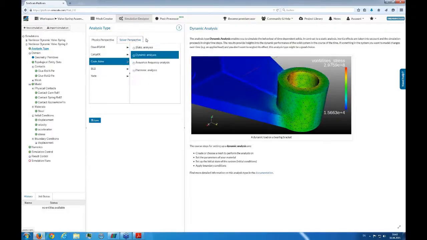As this is a highly nonlinear analysis, I would switch to the solver perspective and choose from our different solvers the CAD solver. It is very well adapted to highly nonlinear phenomena, and we have a lot more options there than for the CCX solver, where you could also do a dynamically nonlinear analysis. For this case today, we have chosen the CAD analysis type.